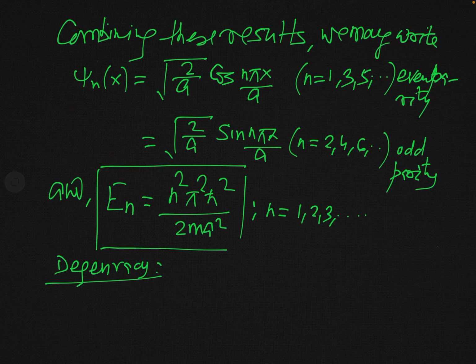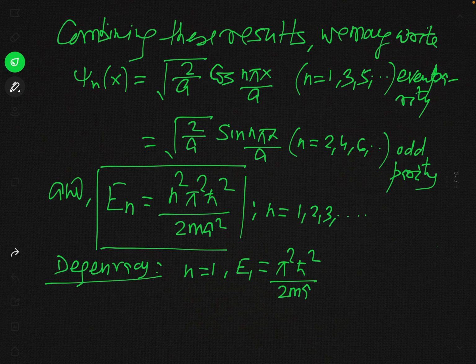When we take n equal to 1, the energy eigenvalue E1 is pi square h bar square over 2ma square.